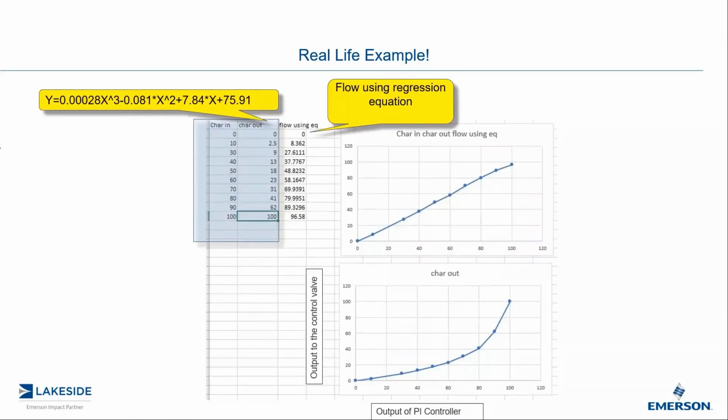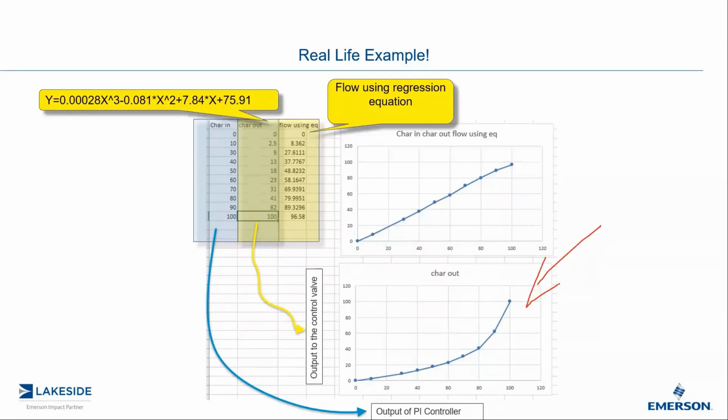So just as I showed you before, 0 to 100%, I had to change these values to linearize the flow, which then established the characterizer, which is at the bottom side here. Based on that, it gives us a linear flow characteristic.